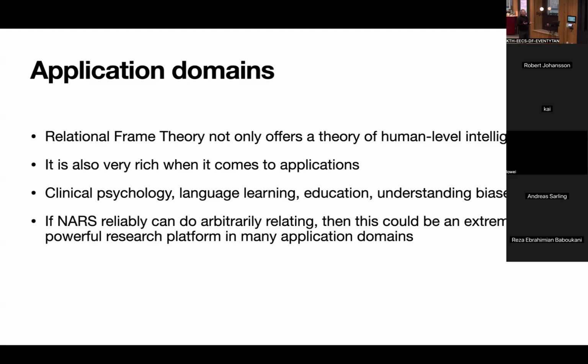So the point here is that if we can have a computer system that does these processes, it should be applicable to all these domains. Let's say that we want to simulate 10,000 instances of depression or try out new education methods, then maybe NARS can be part of that.